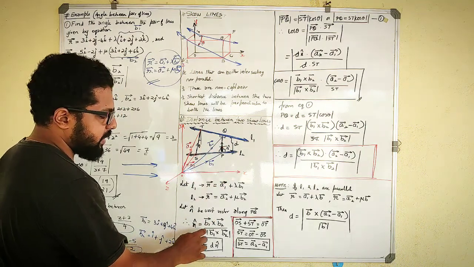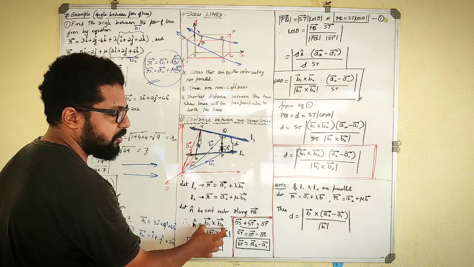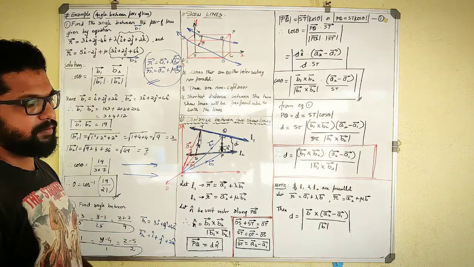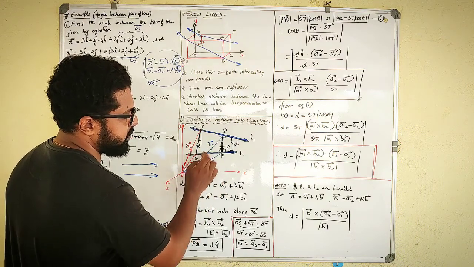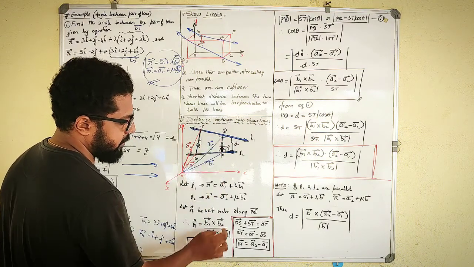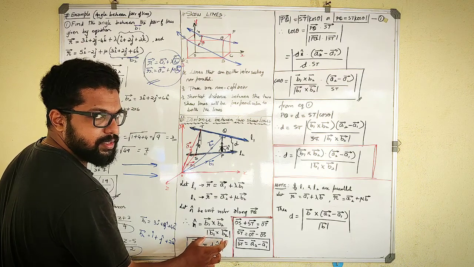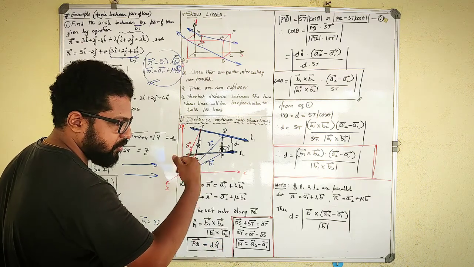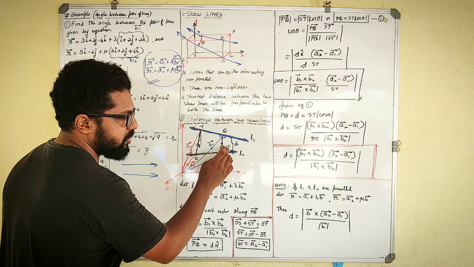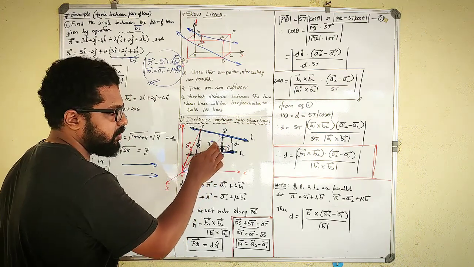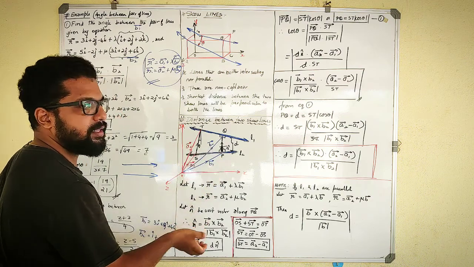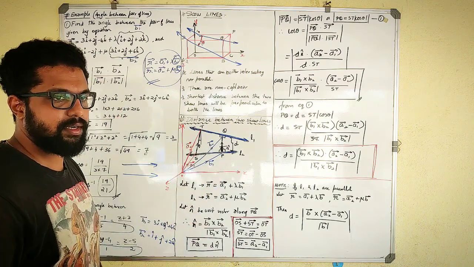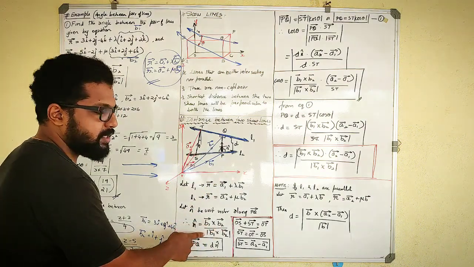That is given by a formula in the cross product. Go through the cross product video, in which the vector perpendicular to two vectors is simply the cross product of those vectors divided by its magnitude. A unit vector is a vector divided by its own magnitude.